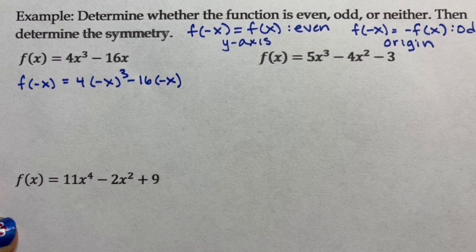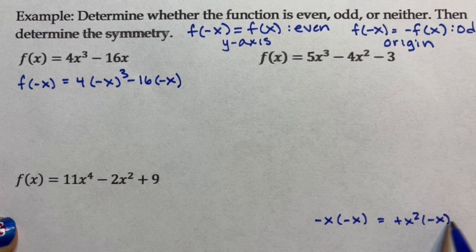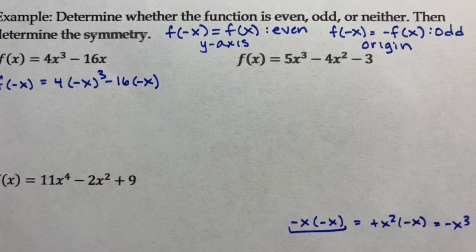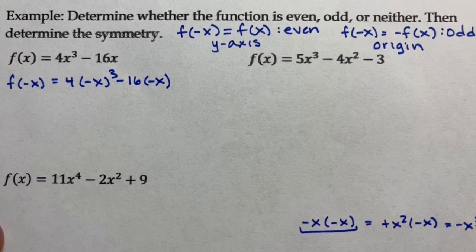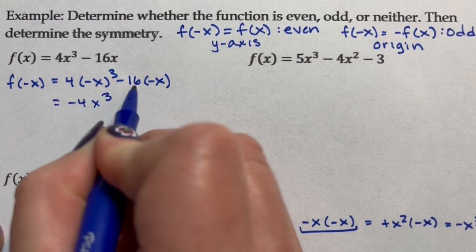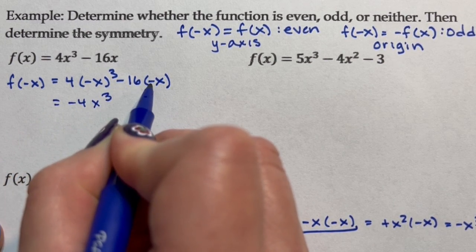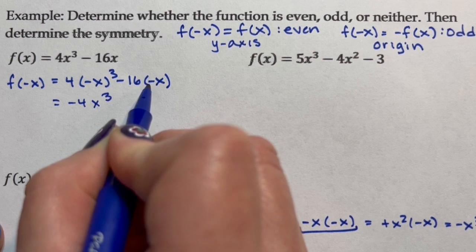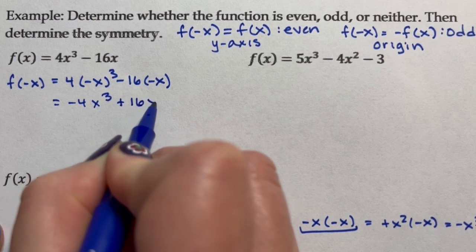So negative x times negative x becomes positive x squared, times negative x is a negative x cubed. Every set of 2, the negatives cancel, and the third one will stay negative. So this becomes negative 4x cubed. These two negatives cancel to become positive 16x.